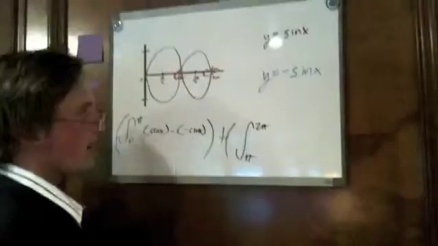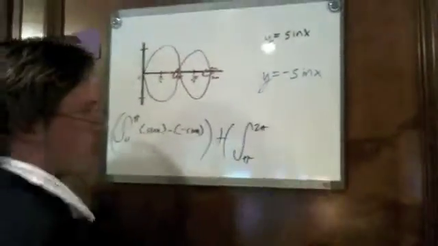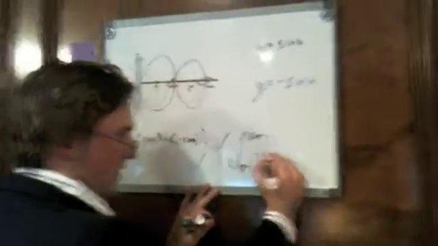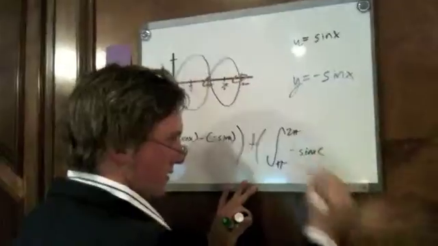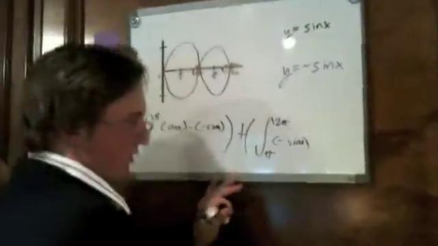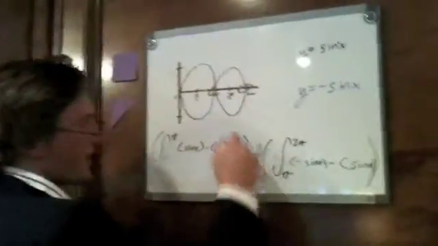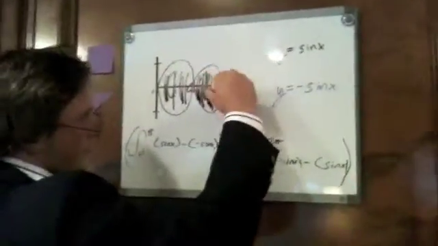But now we have negative sine of x on top of sine of x from pi to 2 pi. So we're going to have the integral from pi to 2 pi of negative sine of x minus sine of x. When we add these two together, we'll get all the area in between both of these curves.